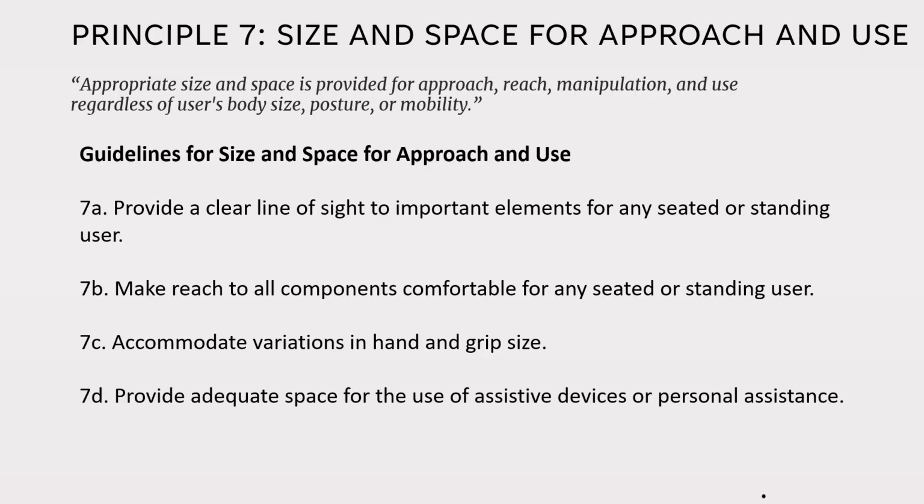Principle 7. Size and space for approach and use. Appropriate size and space is provided for approach, reach, manipulation, and use regardless of user's body size, posture, or mobility. For product designers, their focus is on form factors such as the size of and space involved with the product.